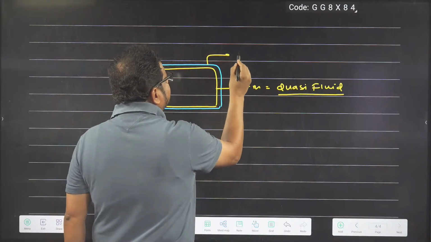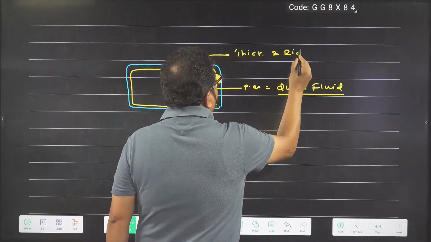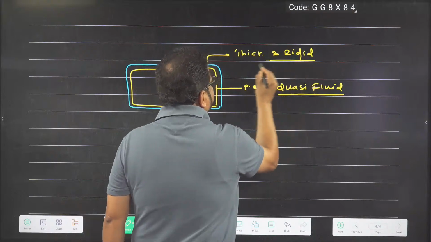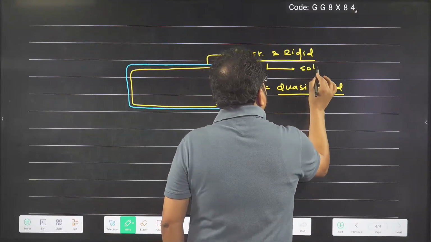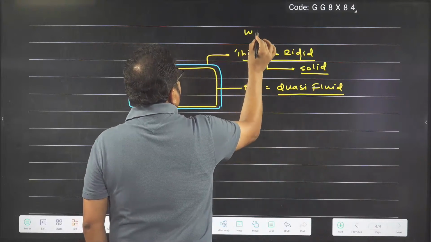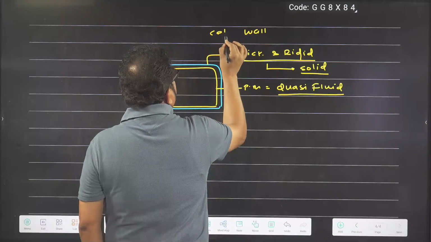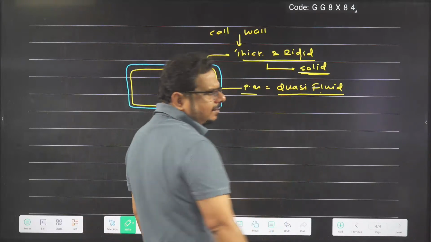Cell wall is what? Thick and rigid. It is solid. Wall is solid in nature. Plasma membrane is fluid in nature. You got the idea?